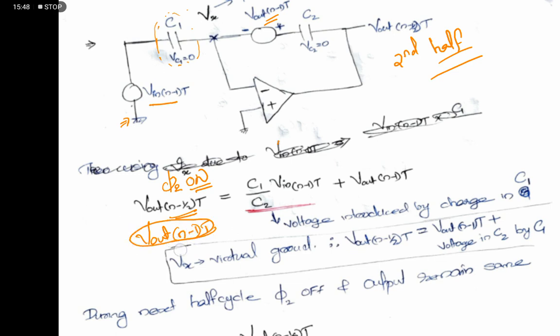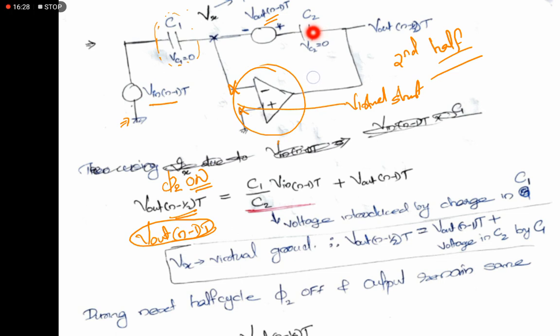So V out of (n minus 1/2)T is equal to C1 by C2 times V in of (n minus 1)T, this supply voltage. As per the op-amp characteristics, these two terminals are virtually shorted. So we need to find the output voltage from this point to ground. It consists of an output voltage V out of (n minus 1)T, and due to this supply voltage this capacitor will charge.